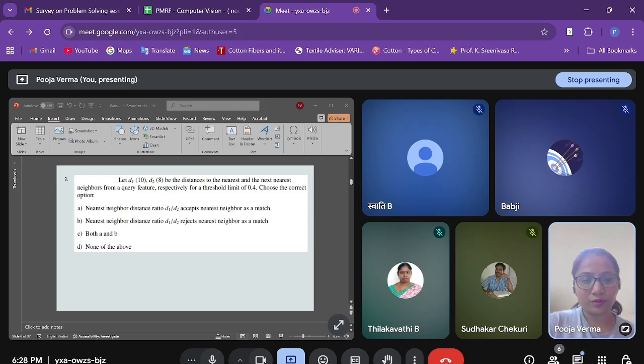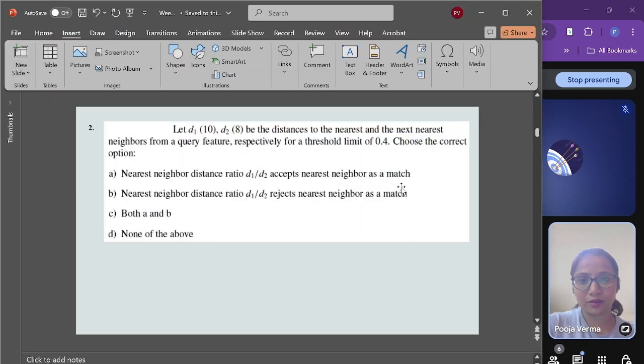To calculate the nearest neighbor distance ratio, first we need to calculate D1 by D2.